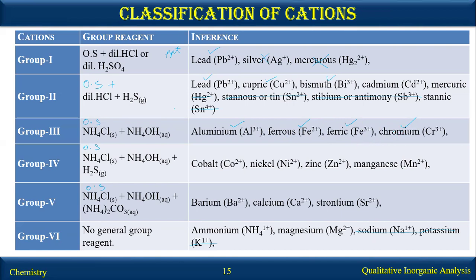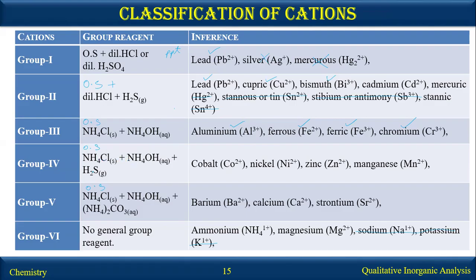But remember all the tests for chromium as well. Or you can ask your instructor at your college whether chromium salts are there or not. And definitely if you have performed practicals at your college, it could be in your practical contents.